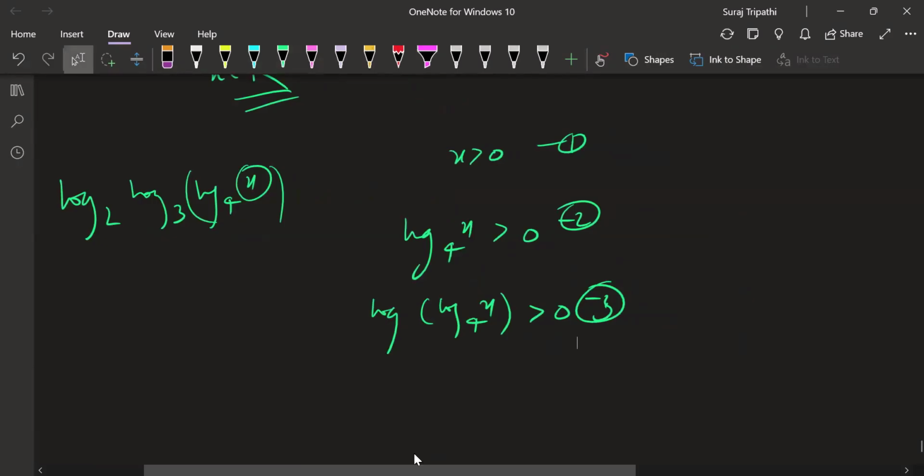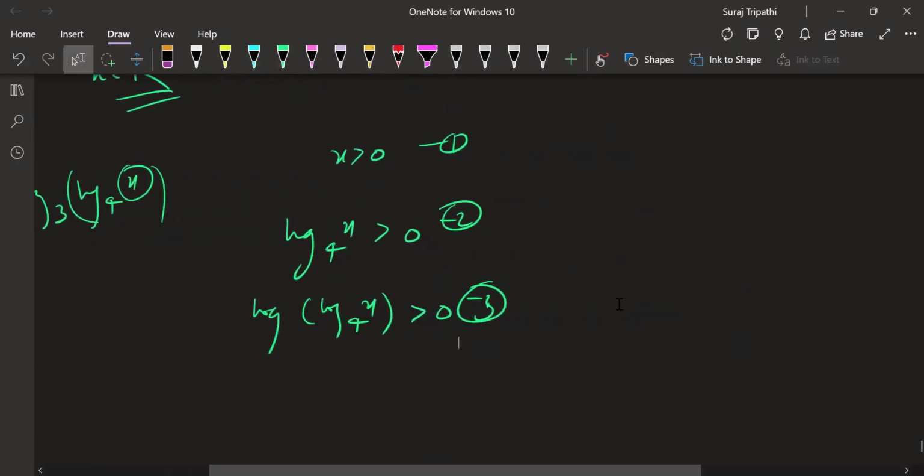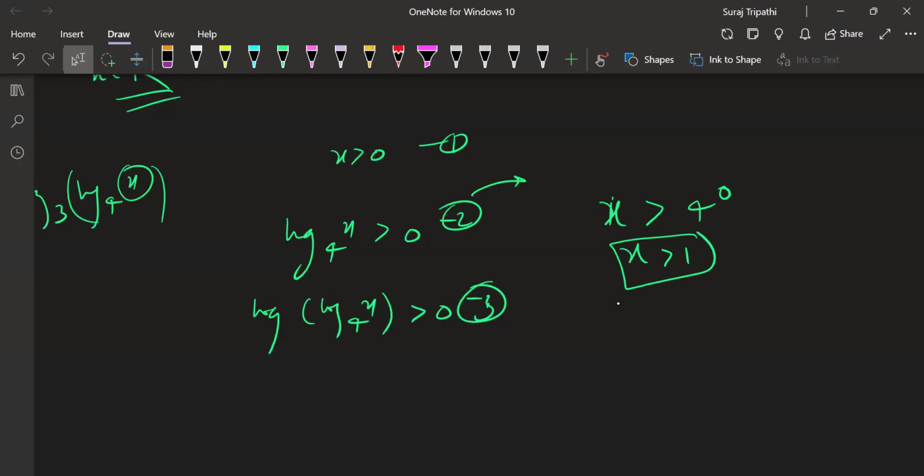Now see. So let's solve this one first. So this is log base 4 of x greater than 4 raised to 0. That means x should be greater than 1. How are we solving? I have explained three properties in the class.